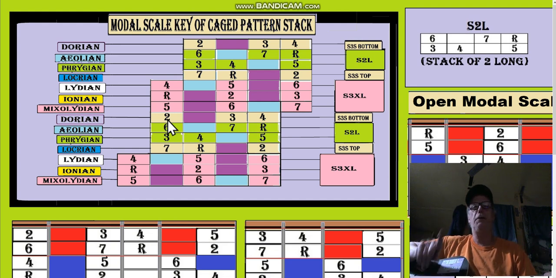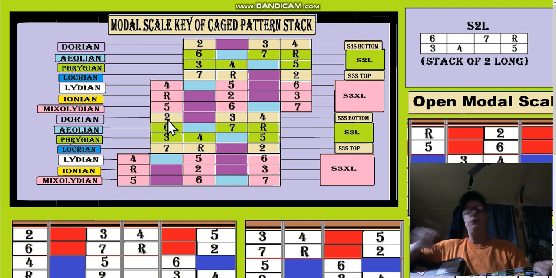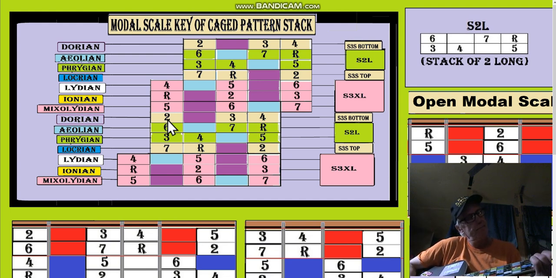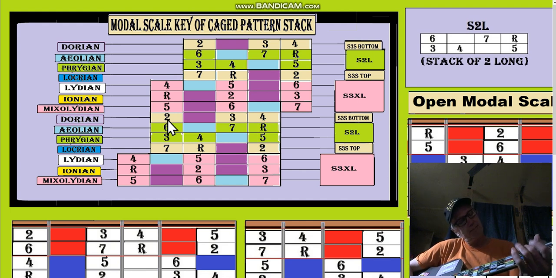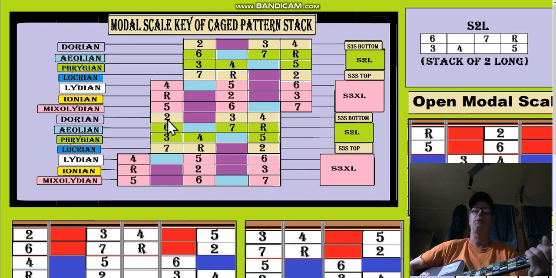If you can do the 1, the 4, and the 5 major, and you can do those pentatonics, then you can do the entire diatonic scale. Listen to this. Let's do it one more time. Here's C pentatonic. Okay, that's your C pentatonic.